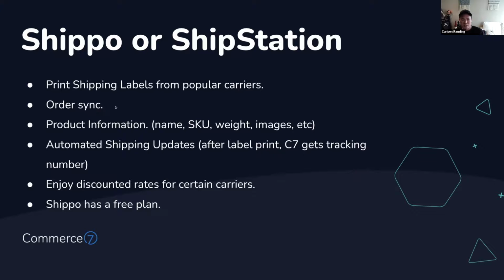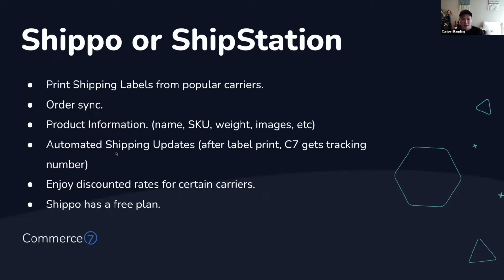The integration between Commerce7 and Shippo or ShipStation is it syncs orders. It syncs order information and all the information required to ship an order: destination, address, product information, name, SKU, weight, images, all sorts of stuff are synced over to Shippo. And based on that information, they are able to generate shipping labels for you to ship your packages with.